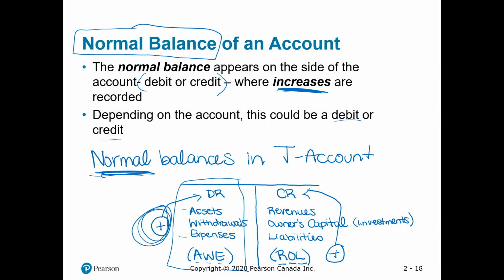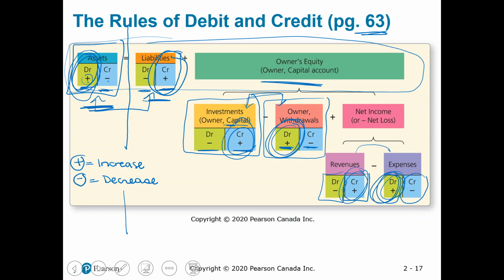So just a little trick you can read in the margin at the bottom of page 63, and it will go over this. But it's really important to remember this when you debit, when you credit. So I just wanted to give you guys that little tip.